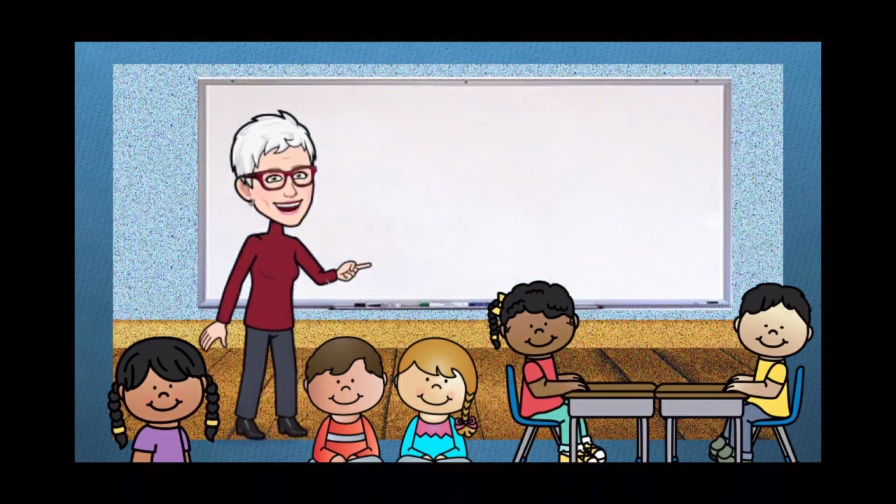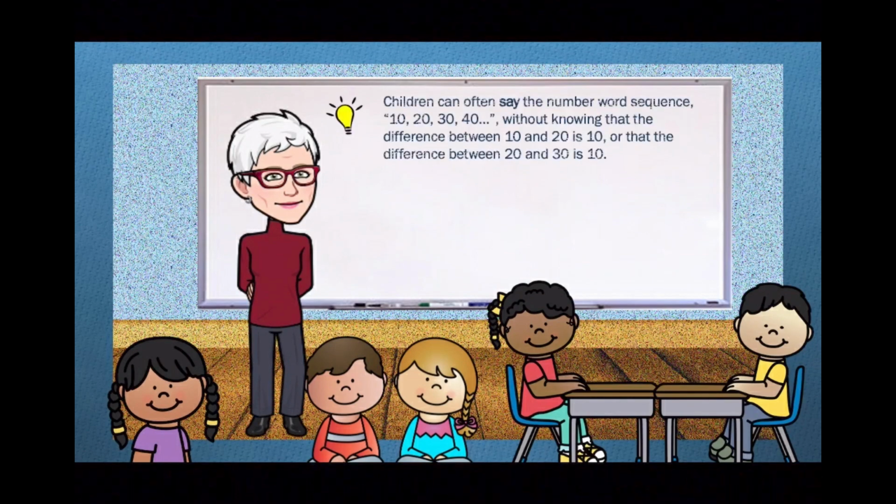I want to emphasize something here that many first grade teachers already know, and that is that children can often say the number word sequence, 10, 20, 30, 40, etc., without knowing that the difference between 10 and 20 is 10, or that the difference between 20 and 30 is 10. Saying the number word sequence might be a rote activity for them.